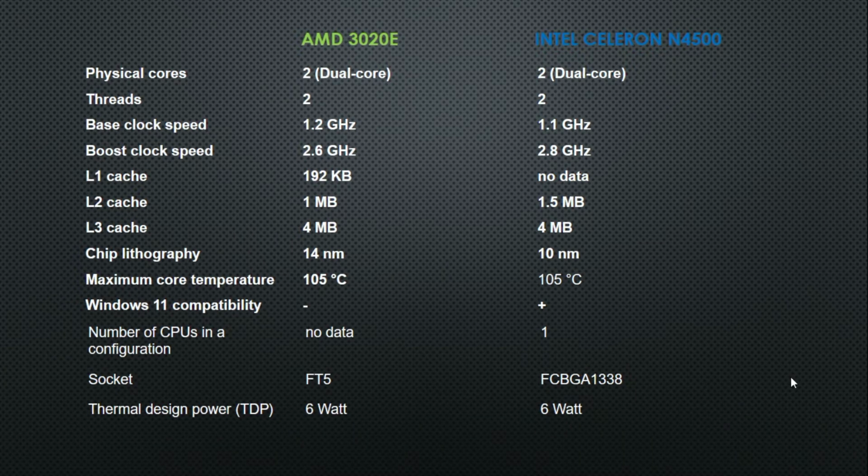For the socket, AMD has FT5 and the Intel Celeron N4500 has FCBGA1338. For thermal design power, AMD has 6 watts and so does the Intel Celeron N4500. I got this data from Technical City.